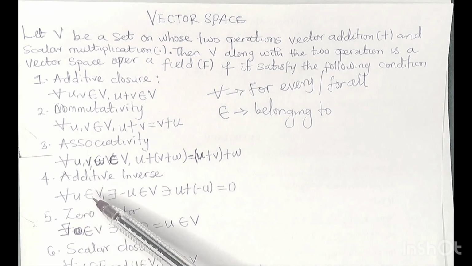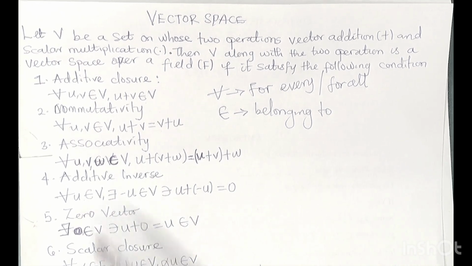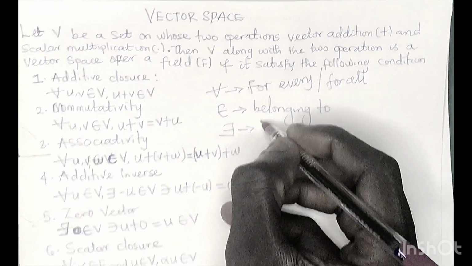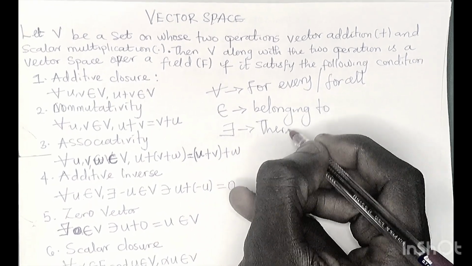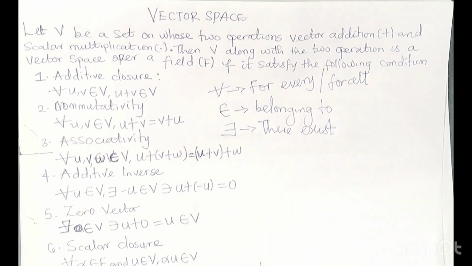The fourth one is the additive inverse. This one says for every u belonging to V, there exists. So this sign means there exists. So when you see this sign, it means there exists. Are you seeing that now?